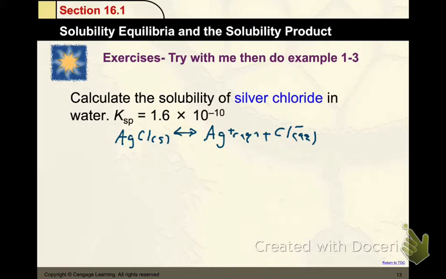So you can set up an ICE type table for this if you'd like to. If you do set up an ICE table for this problem, it's essentially, well, if it's in water, you've got no silver ion to start and no chloride ion to start.